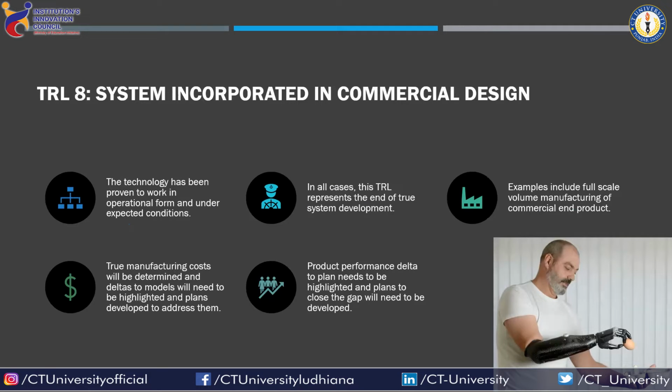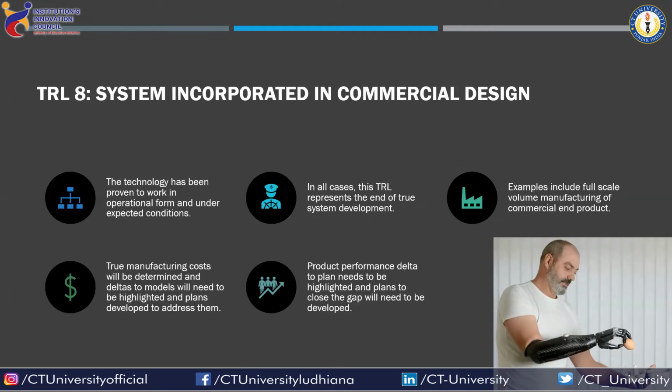So what happens is that we have improvised our design here, and we are already testing that in the real world environment. The product performance delta to plan needs to be highlighted to plan the closing of the gap, which will need to be developed. So basically the technology is not the problem.